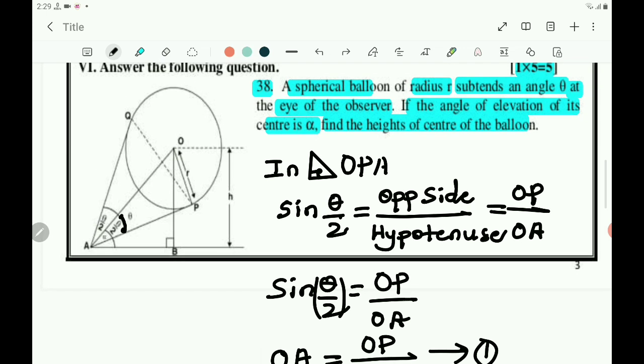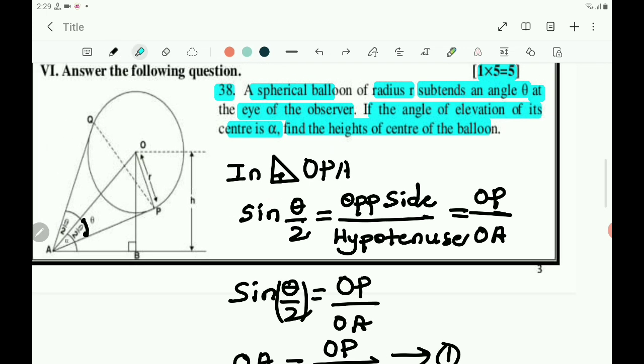Now you take the other right angle triangle, OBA. For this also OA is the hypotenuse, and here OB is the height of the balloon from the ground. So let us express it in terms of h. For that right angle triangle, we take the angle alpha, angle OAB.